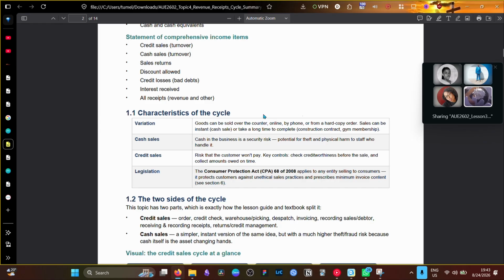So here they're saying these are the different types of transactions that can happen, showing a variation of transactions. Sales can be instant, cash, or take longer to complete.